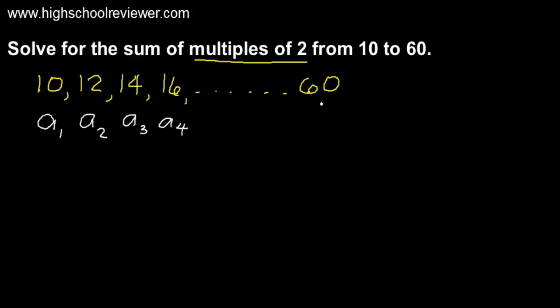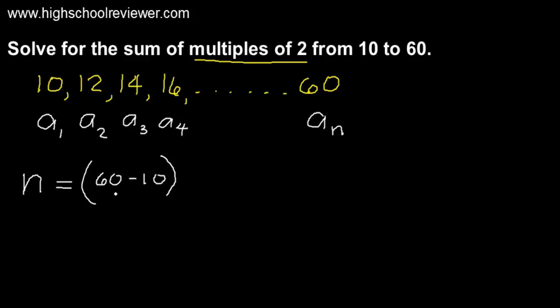But for 60, we do not know its number of term, so we have to call this first as a sub n. We need to find the value of n, or the number of terms. To find the number of terms, n will be equal to, the maximum value is 60 and the minimum is 10, so we need to subtract 10 from 60.